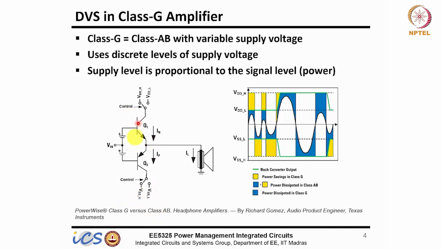And let's say this is an audio amplifier. So depending upon the volume, your input will change. Let's say at the lower volume, my input goes below 500 millivolt or so. Then when this is 1 volt, you need this supply to be more than 1 volt.